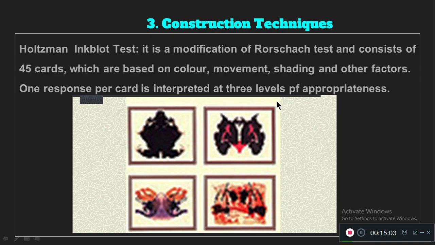So here the method of administration is different and the method of interpretation is different. The inkblot test given by Rorschach has only 10 cards, but the Holtzman Inkblot test is a modified version of the Rorschach inkblot test having 45 cards. Each card will be given and an opinion will be taken for each card from the respondent.